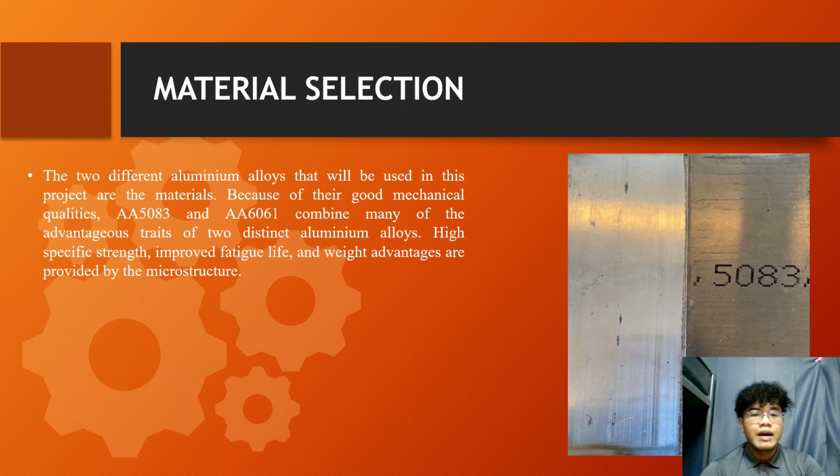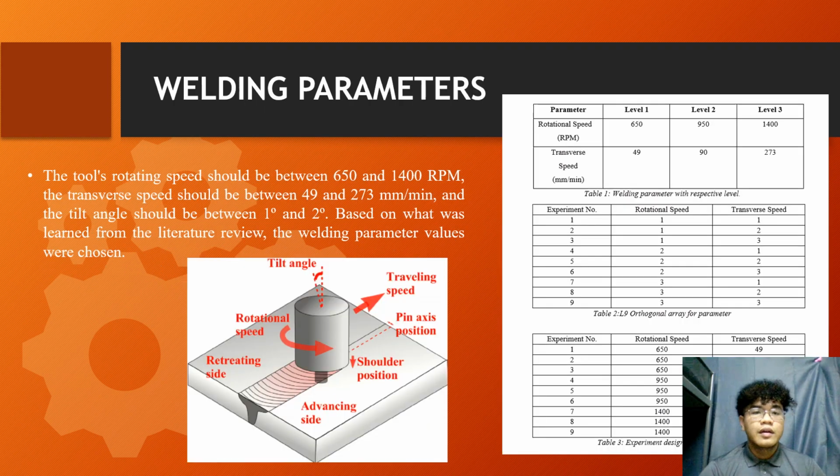When we combine these two types of alloy, we get many advantages such as high specific strength, improved fatigue life, and weight advantage provided by the microstructure. As we can see in the figures, the shiny one is the 6061 because it is shinier compared to 5083.